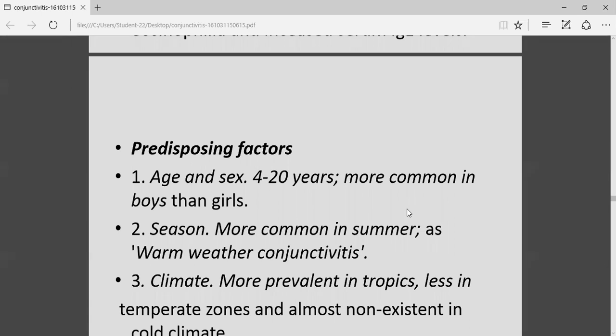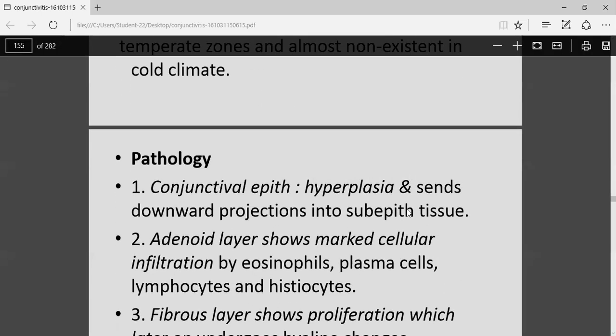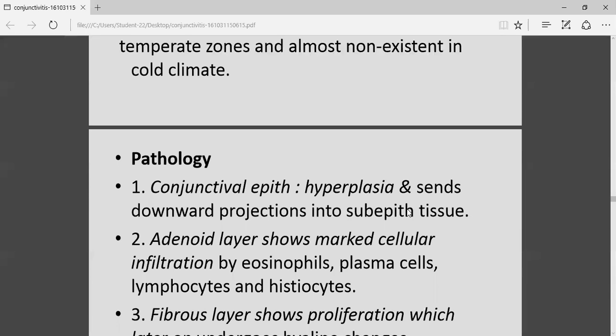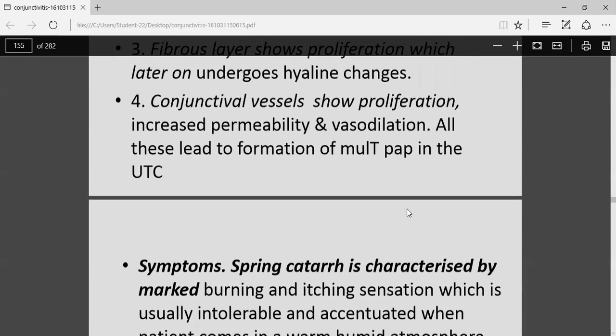While in countries which are cold, where there is not much hot weather, they do not have such prevalence of vernal keratoconjunctivitis, or VKC. What is the pathology? Basically, there is conjunctival hyperplasia, adenoid hyperplasia, fibrous lesion proliferation and vasodilatation. And then what are the symptoms?